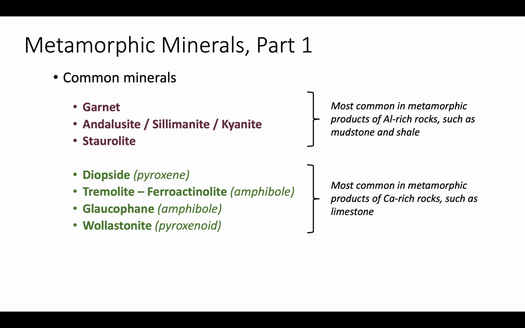So, for instance, if your initial rock was really rich in aluminum, then if you metamorphose it, you're going to end up with metamorphic minerals that are also rich in aluminum. This first set of minerals are those aluminum-rich minerals that tend to form from aluminum-rich original rocks, such as mudstone and shale.